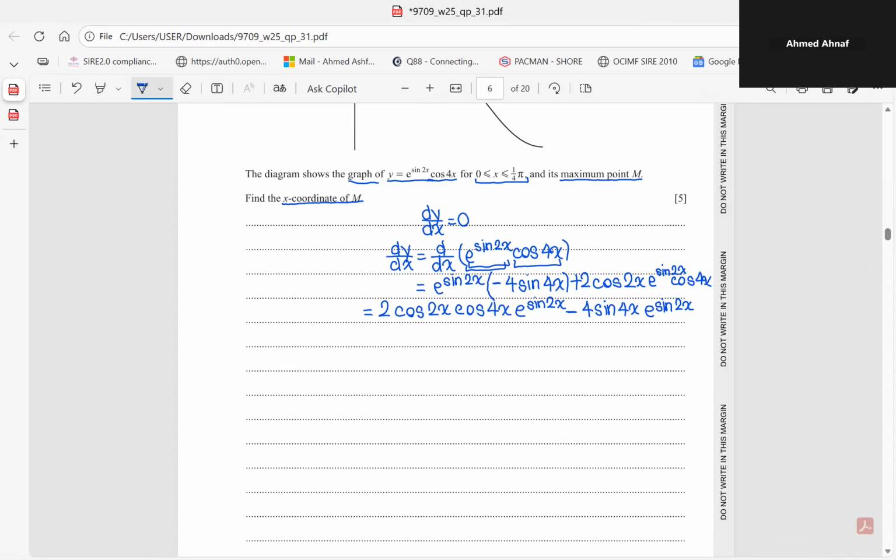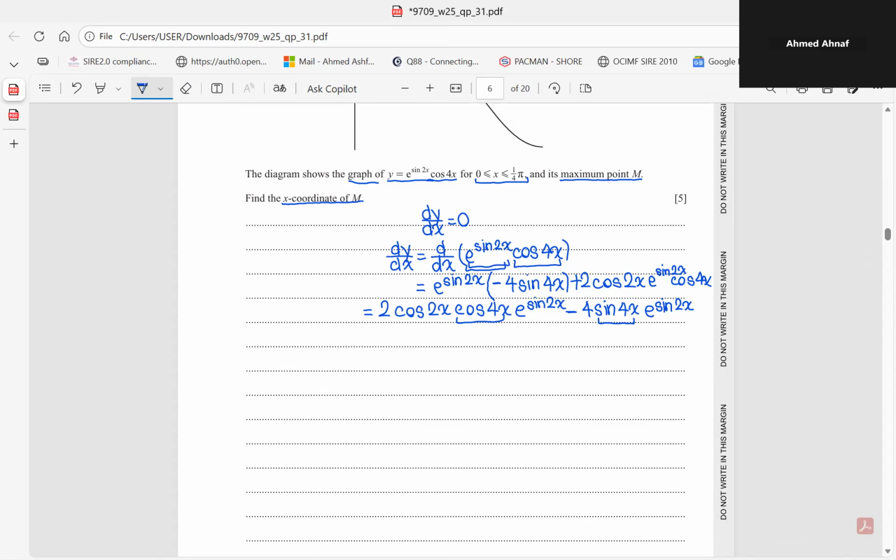So what we can do now is re-express cosine 4x and sine 4x in terms of cosine and sine of 2x.